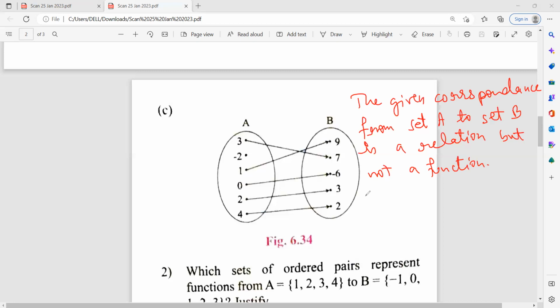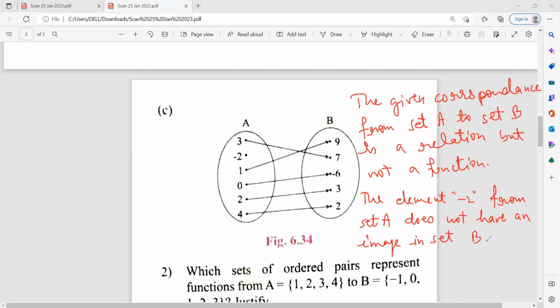I will write here: the element -2 from set A does not have an image in set B. I hope it's clear to you. Please write it down.